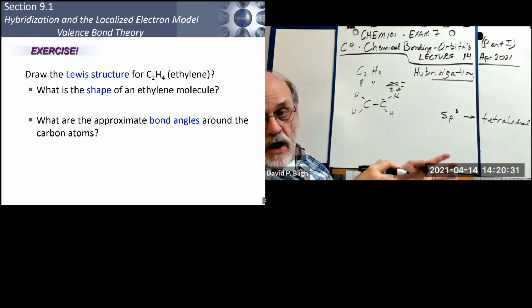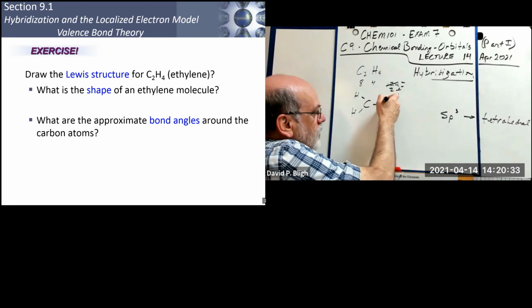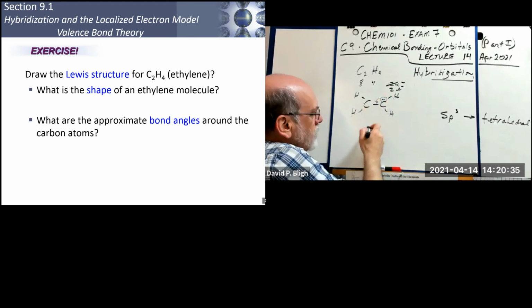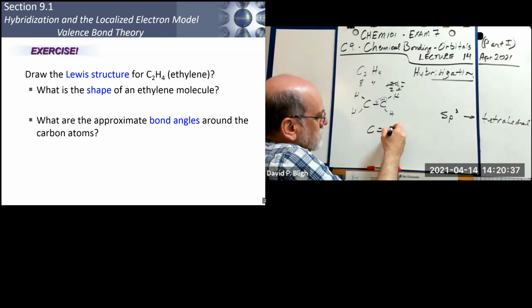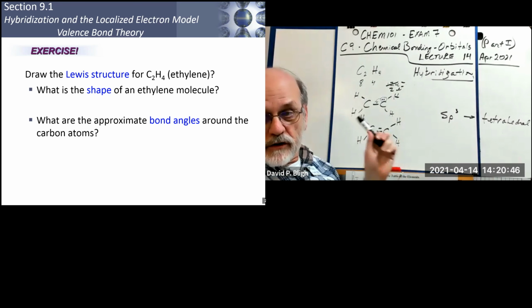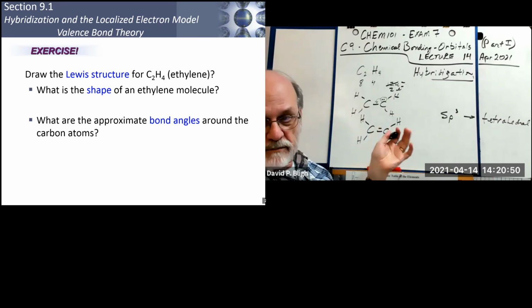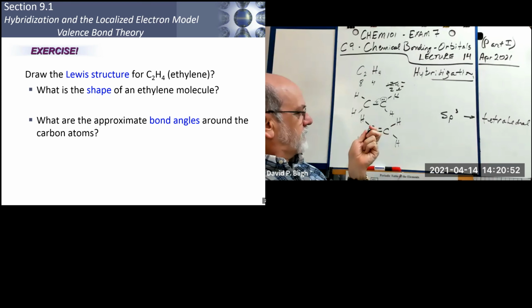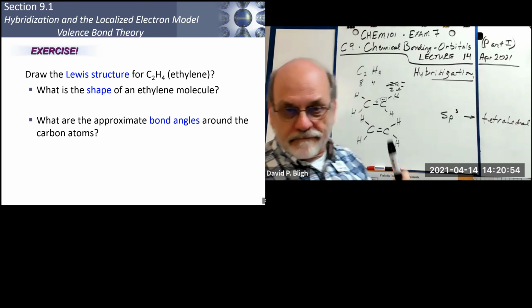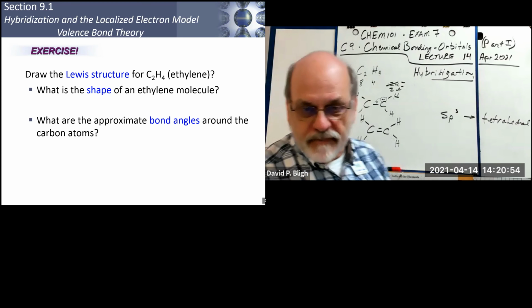But now we have to make the octet, correct? So we take that lone pair and we make a double bond out of it. Okay, so there's your Lewis structure. No lone pairs. All the electrons are used in bonding. And remember, when we talk about electronic and molecular structures, we're talking about a central atom.